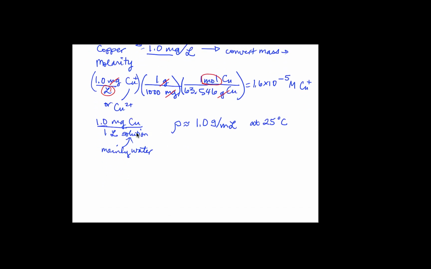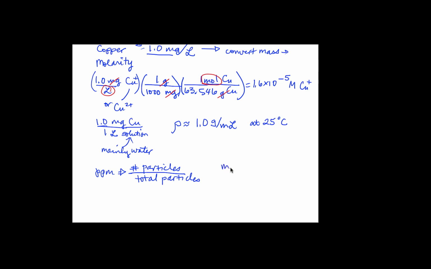So if we go from 1 milligram of copper per 1 liter of solution to try and figure out what this is in terms of mass per mass, the reason why we are doing that is that parts per million has a flexible way of looking at it. We can do number of particles over total particles, so a counted number, moles for example.